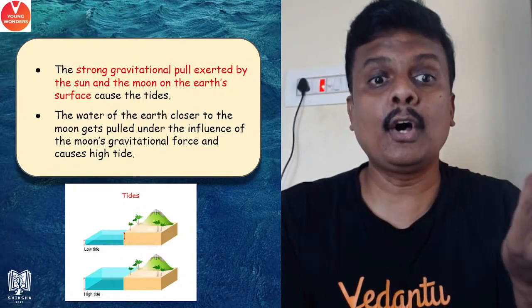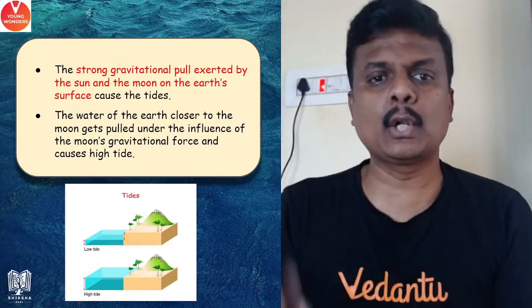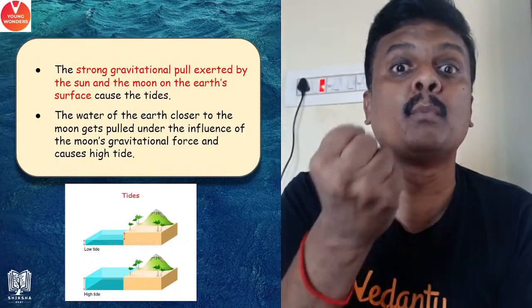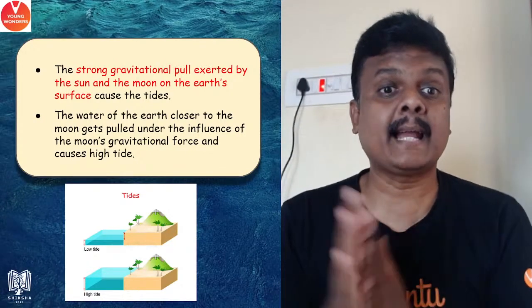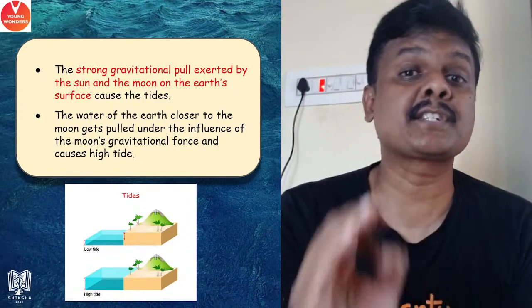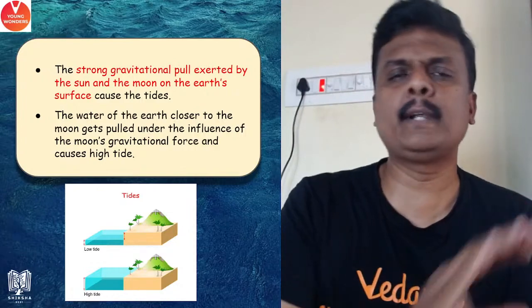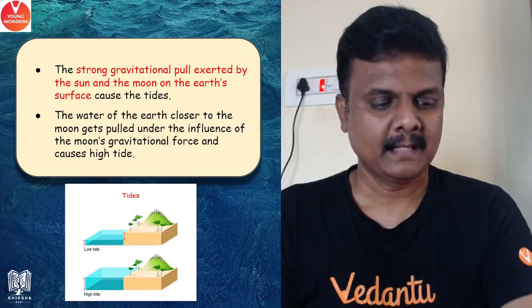Generally it's closer to the moon, right? So earth's water gets pulled because of the moon's gravitational force, causing high tide. So which causes high tide? The moon's gravitational pull causes high tide. Especially on a new moon and full moon day, high tide. Clear?